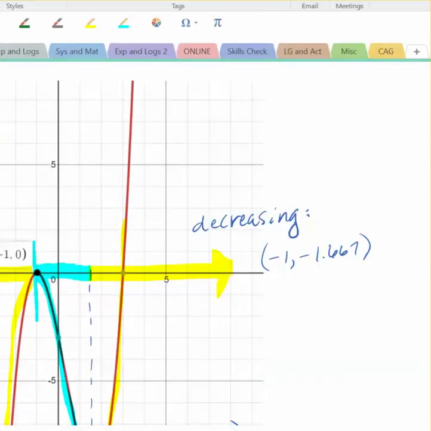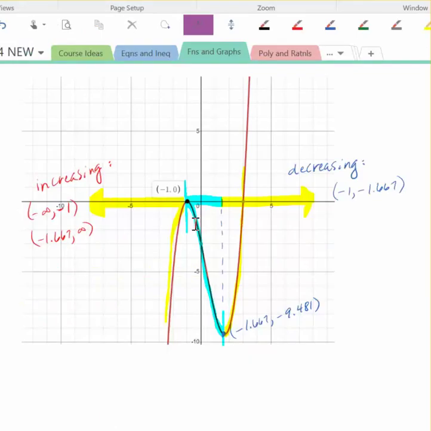So what that looks like here, we talked about the fact that the function is increasing here. The output values of y are increasing up from all the way from negative infinity up to negative 1 on the x values.